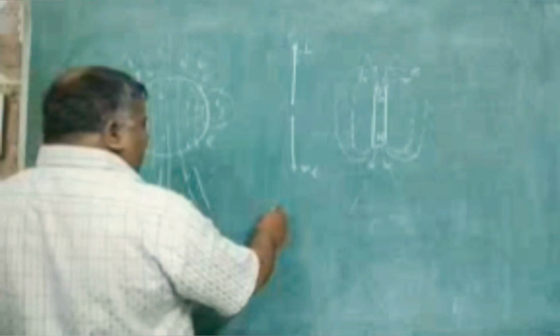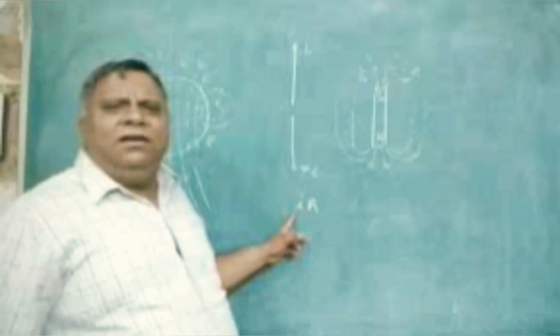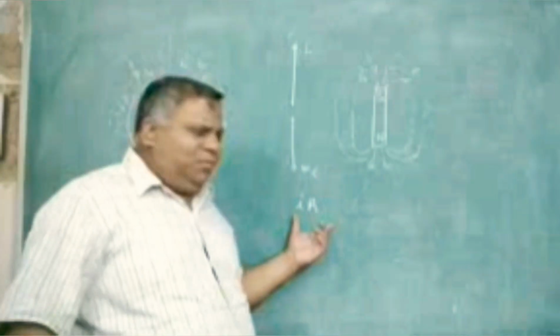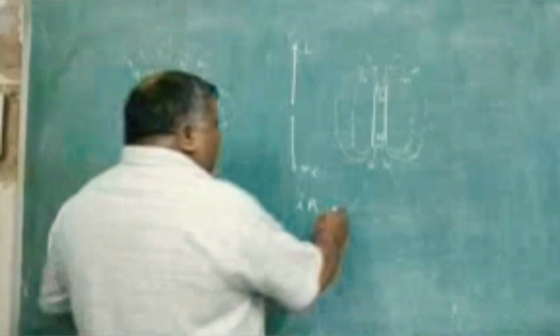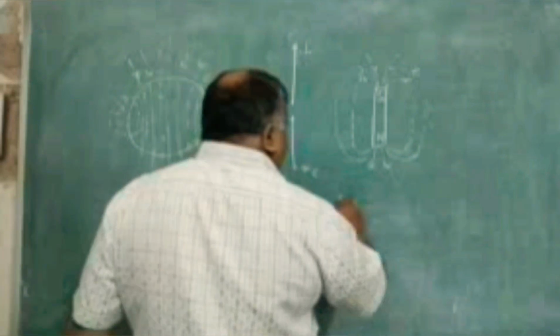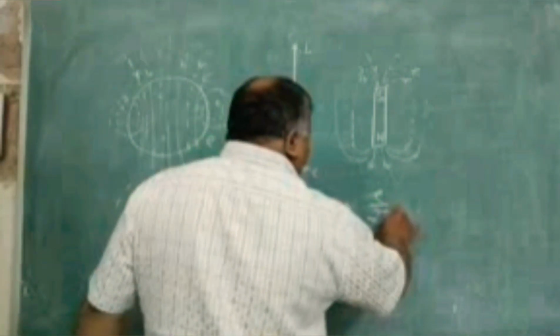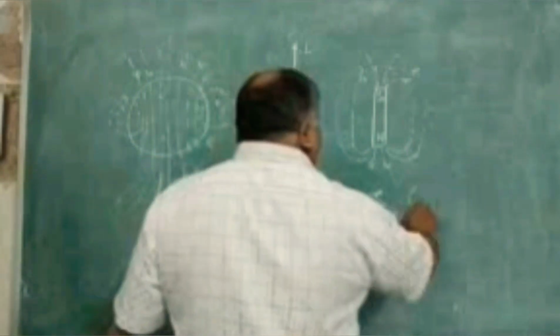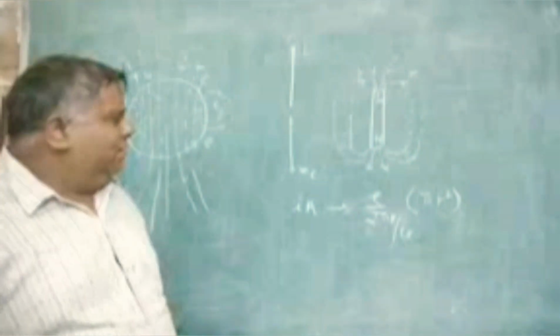The magnetic moment is nothing else but I into A, where I is the current in the loop and A is the area of the atomic loop, which is pi r square.